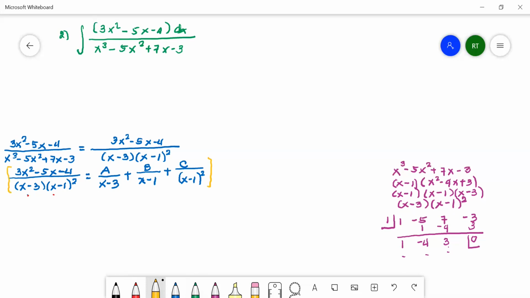We have to multiply both sides of the equation by x minus 3 times x minus 1 raised to the second power. And what will be the result?